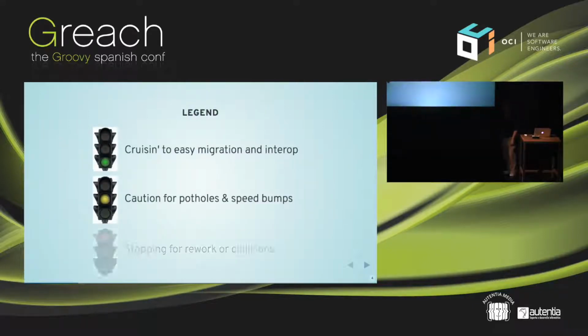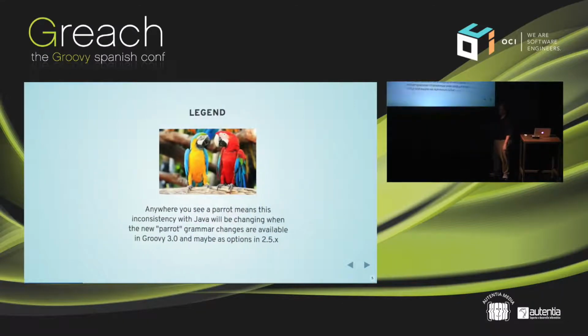So there's a little legend here. The green light means really easy, straightforward. You just rename the file and you're ready to go. The yellow little cautionary notes we have to make, and then there's a couple of red lights that we have to be aware of, where we have to do some rework because it just won't work in Groovy.